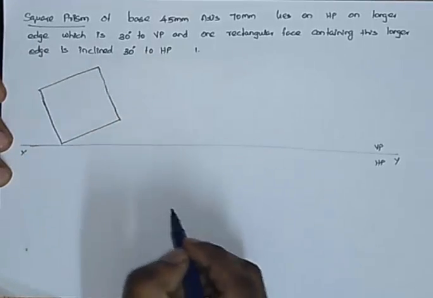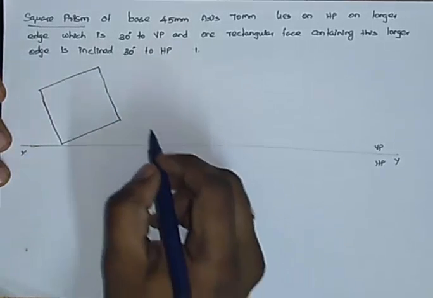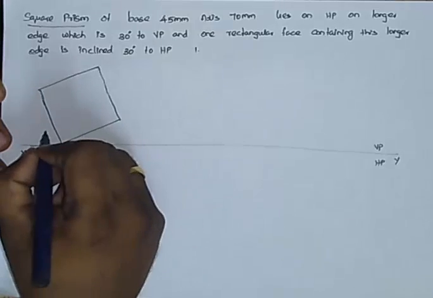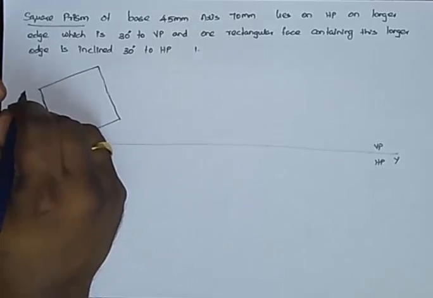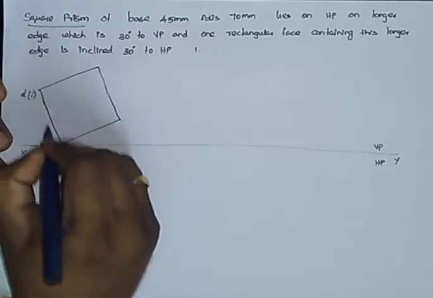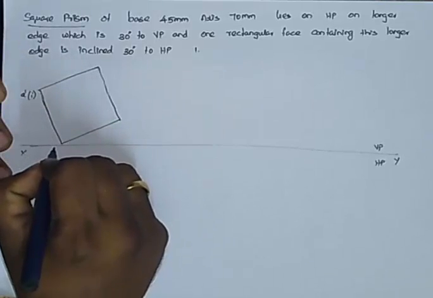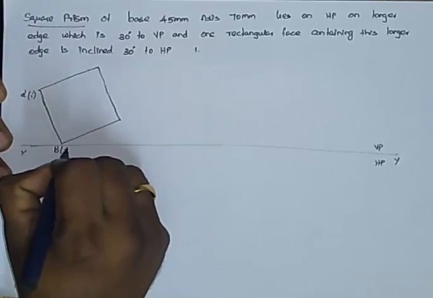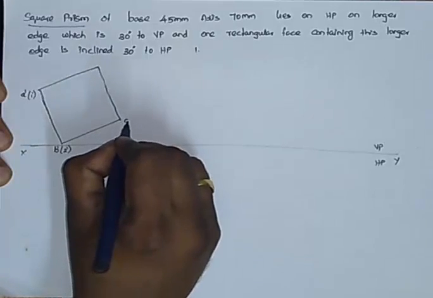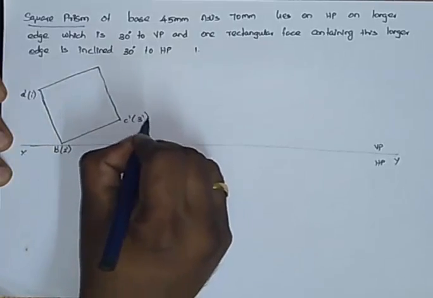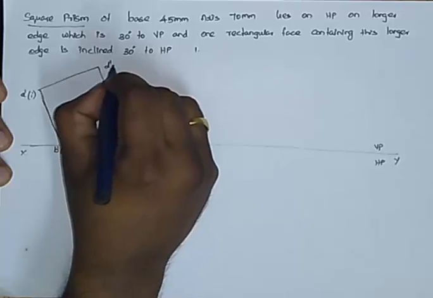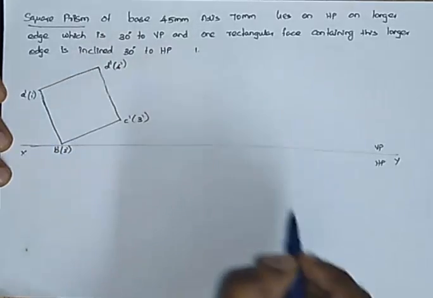So let me explain. First I will name the points. This is A dash and 1 dash invisible edge. This is B dash, 2 dash as the invisible edge, C dash, 3 dash as the invisible edge, D dash and 4 dash as the invisible edge.